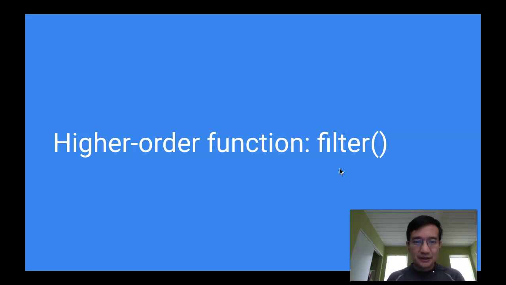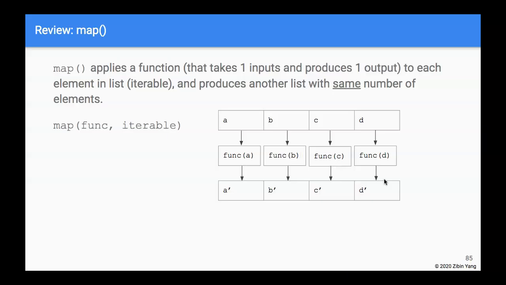I will talk about another commonly used higher order function called filter. We've already talked about the map function, which takes another function and one list, or it can be any iterable, and can actually be multiple iterables.